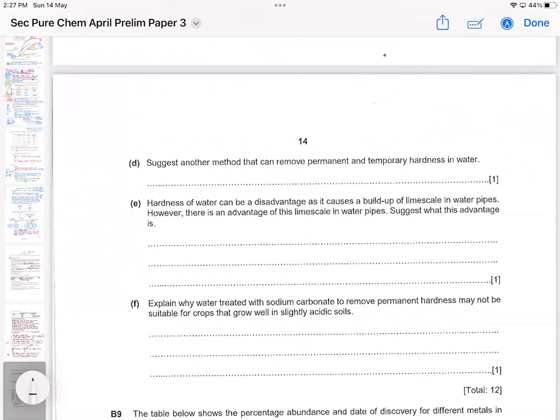Okay, another method to remove permanent and temporary hardness. Temporary or permanent hardness is due to aqueous ions, right? So if you want to leave the ions behind and extract the pure distilled water, this is a salt solution.